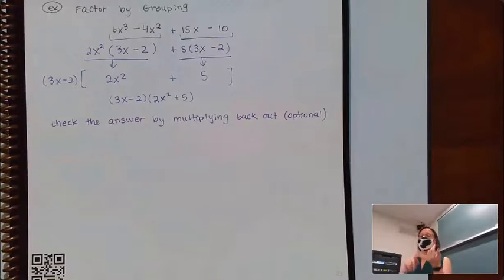So we can FOIL it out. We can use the box method. We can use the rainbow method. Whatever you want to do, multiply that back out. I'm going to go for a box, but you don't have to watch me do it. You can do it on your own paper.